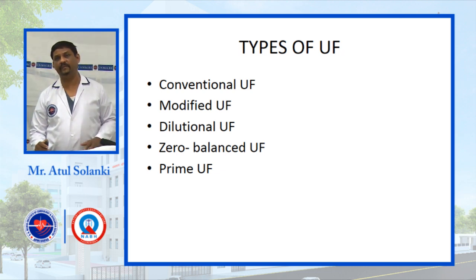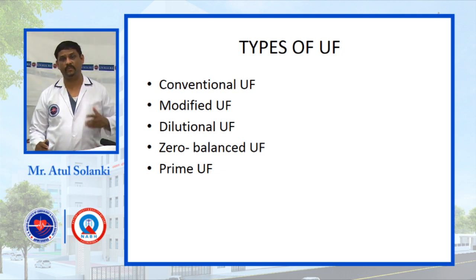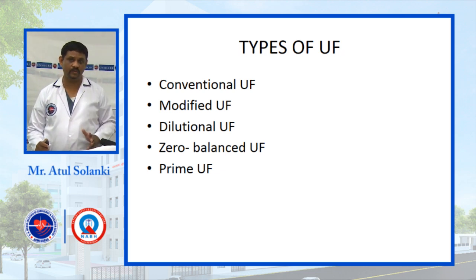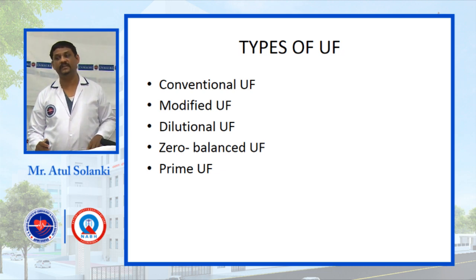And prime ultrafiltration is done before going on cardiopulmonary bypass, where in pediatric patients we prime with blood and other products. So we try to maintain the electrolytes, and we try to reduce the hemodilution of the circuit. So this is the prime ultrafiltration technique.